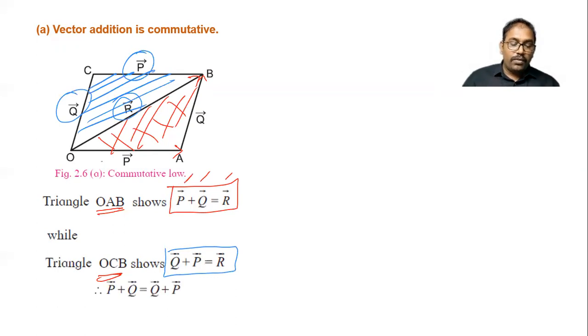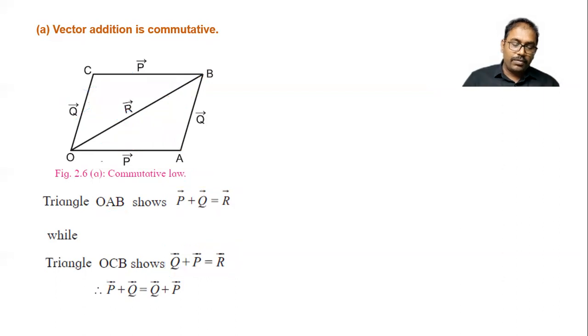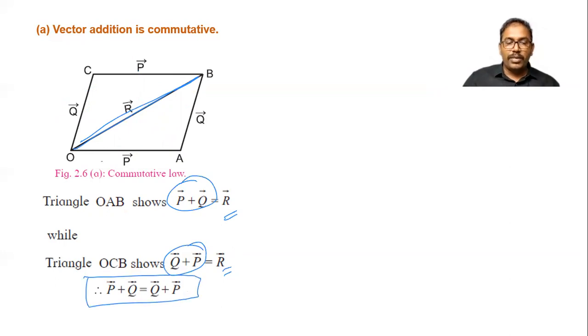Then, if you see this very carefully, P bar plus Q bar and Q bar plus P bar, both are equal to R bar. One side is the same, R bar, because this is a common side. So here we can write P bar plus Q bar is equal to Q bar plus P bar. So this is the commutative law. Commutative law means if we add P and Q, it is equal to addition of Q and P.